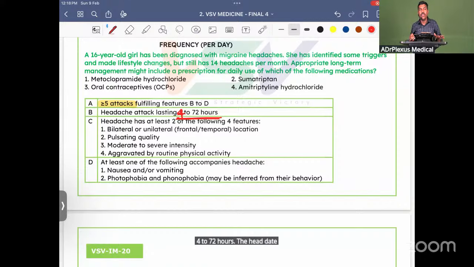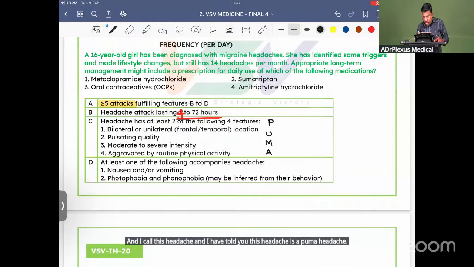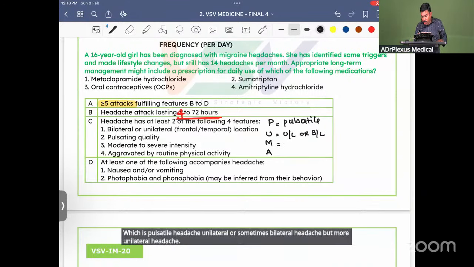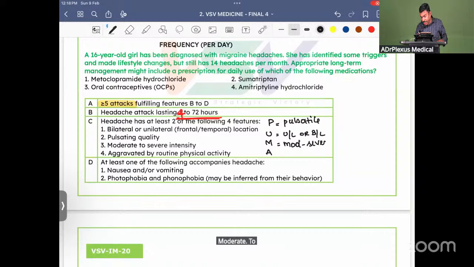And I have told you this headache is a PUMA headache: pulsatile, unilateral or sometimes bilateral but more unilateral, moderate to severe intensity, associated with or aggravated by movement.